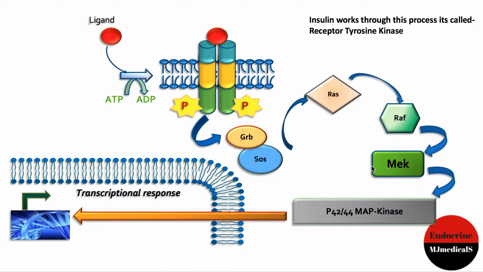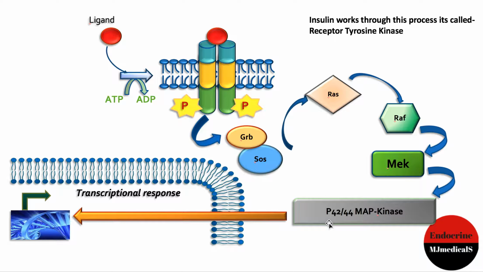Right, so all of this has taken place within the membrane receptor, because remember these are hydrophilic messengers. Now all of these mechanisms here, so the GRB, SOS, RAS, RAF, MEK, and then down to MAP kinase, all of that happens within the cytosol.